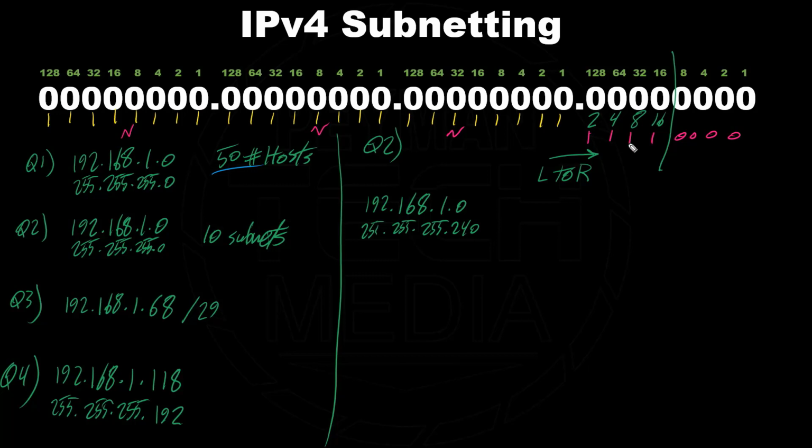On the last octet we see 1, 2, 3, 4 bits turned on, and these 4 bits turned off. So we just need to add the ones that are turned on: 128 plus 64, that's 192, 192 plus 32, that's 224, 224 plus 16, that's 240.